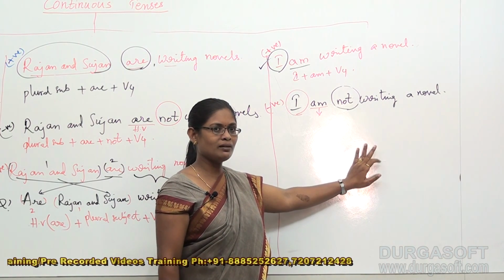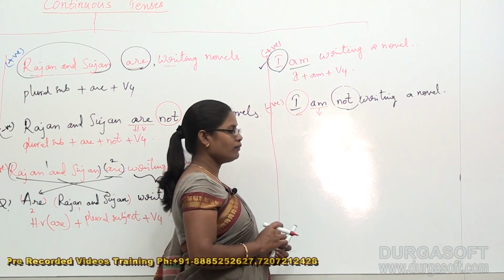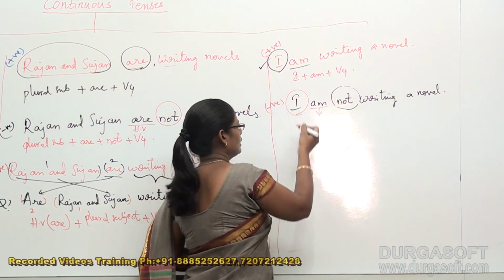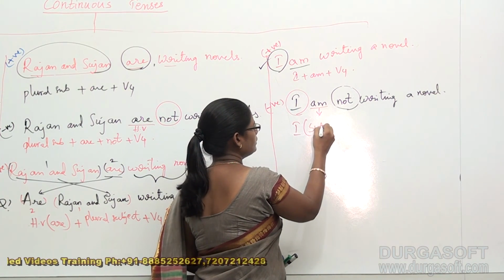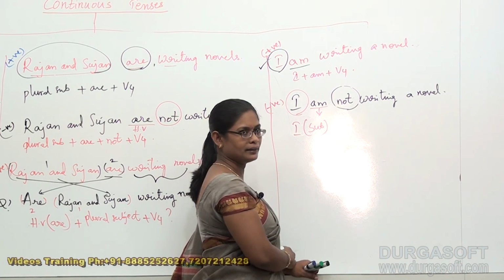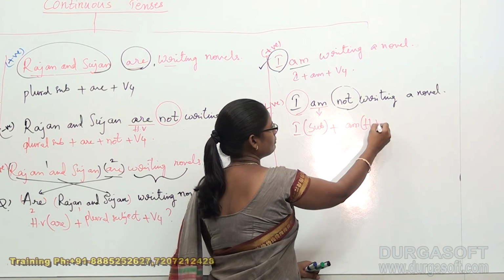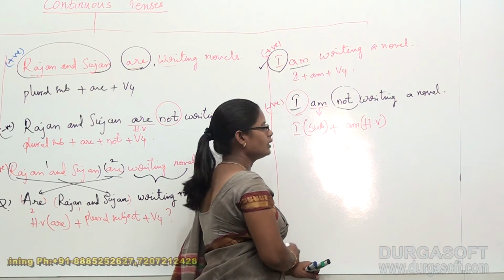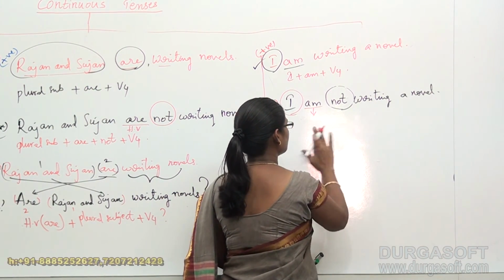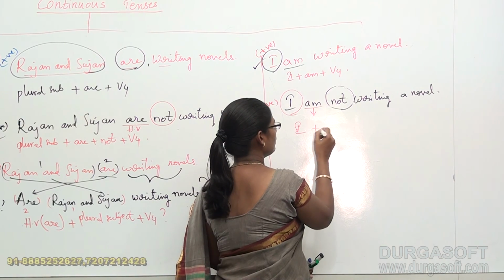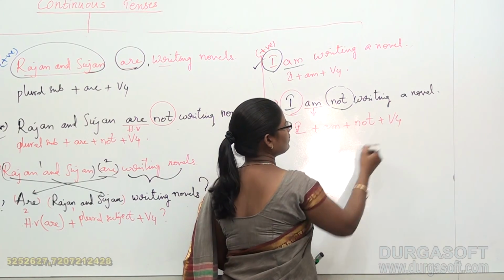Okay, this is a simple code for us to remember. Now, shall we do the structure now? Alright. So the structure is this. That means, instead of the subject place, I have put "I plus am". That is, "am" I am taking here as a helping verb. For your convenience, I am just writing like this: I plus am plus not plus V4.